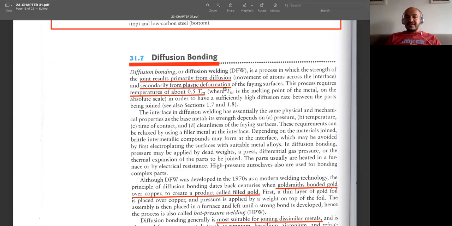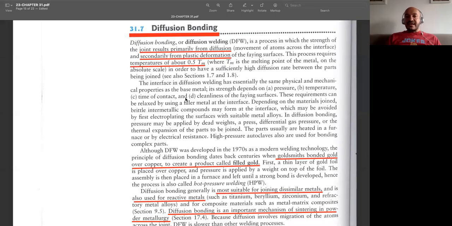So we have less plastic deformation, but more diffusion. We have more atoms moving at the interface. And if you want to increase the amount of diffusion, then we need to increase the temperature to a bit higher levels, usually half of the melting point. If you do that, then you can have a better diffusion between the products.